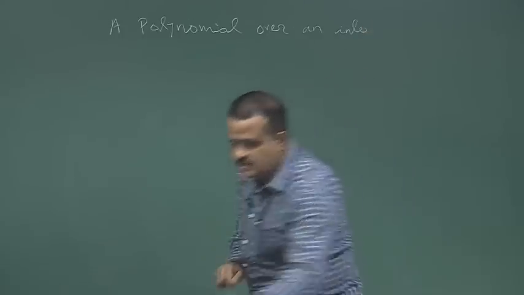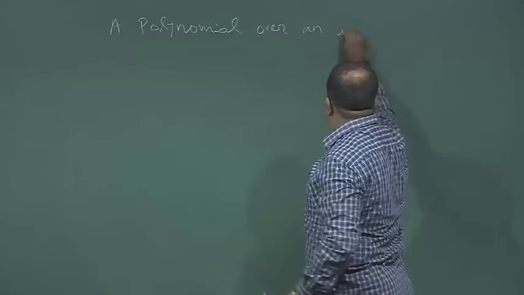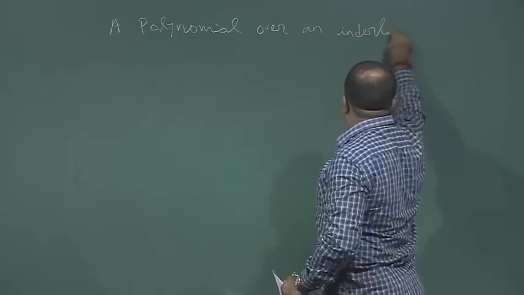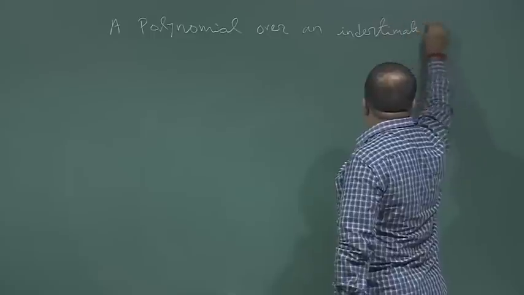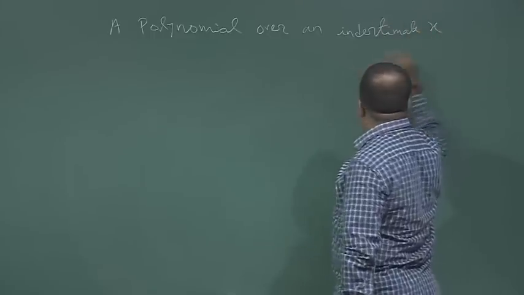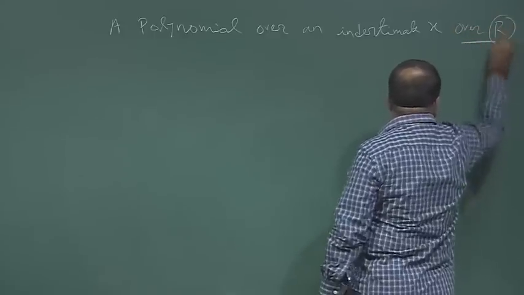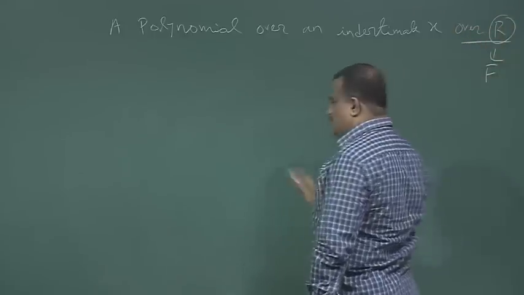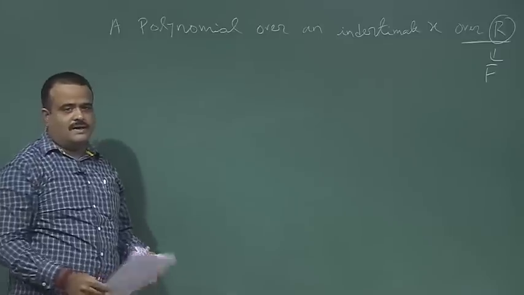So it is in terms of x, and it is over, usually we define it over a ring, but sometimes it is a field to have some properties of what is called a Galois field. We will formally define the Galois field.